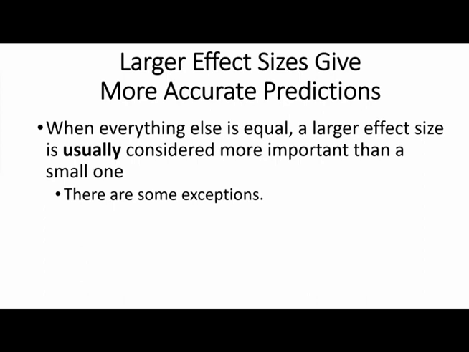So if you have a medical study that's looking at heart attacks and taking aspirin, if you have a small R, so one particular study ended up having an R of 0.03, which is a very, very small effect size. But that small effect size could still be considered important because of the number of lives that were saved.